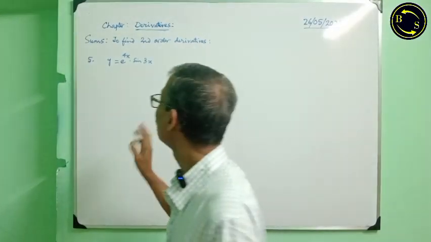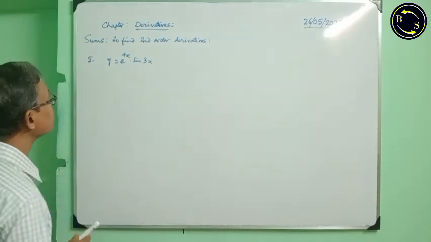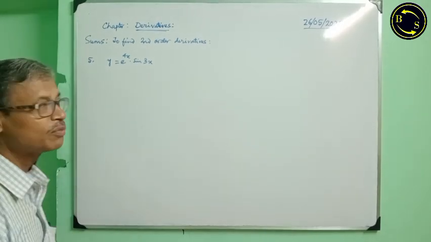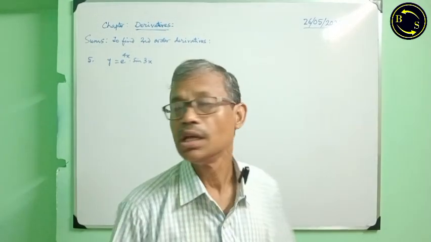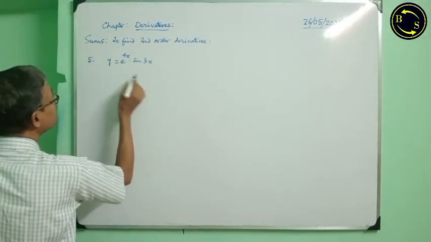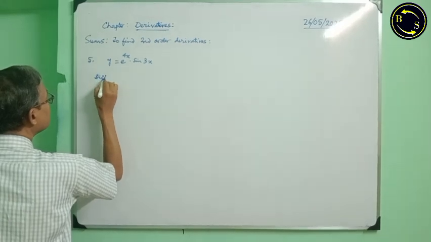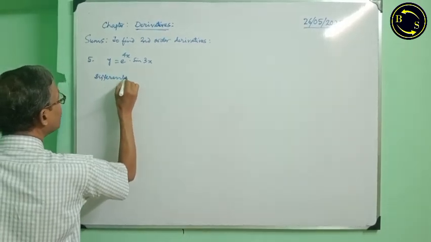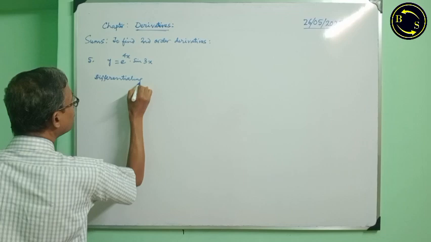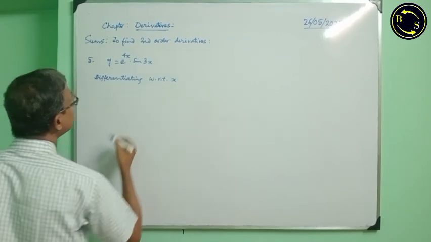Next is the sum y equal to e to the power 4x into sine 3x. Since there is exponential form, I have chosen this one. To find the second order derivative, we proceed like this, differentiating with respect to x.